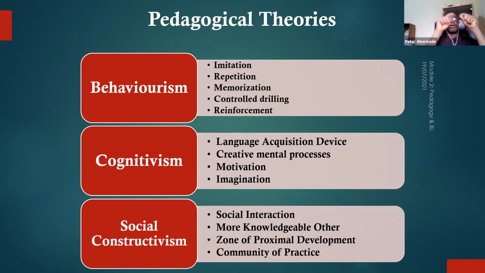And we describe what each individual can do on their own as a zone. And they live within that zone until the more knowledgeable other brings them up to speed to new levels of understanding, new levels of consciousness, new levels of skills, and therefore we then move on within that zone of proximal development to a new level.